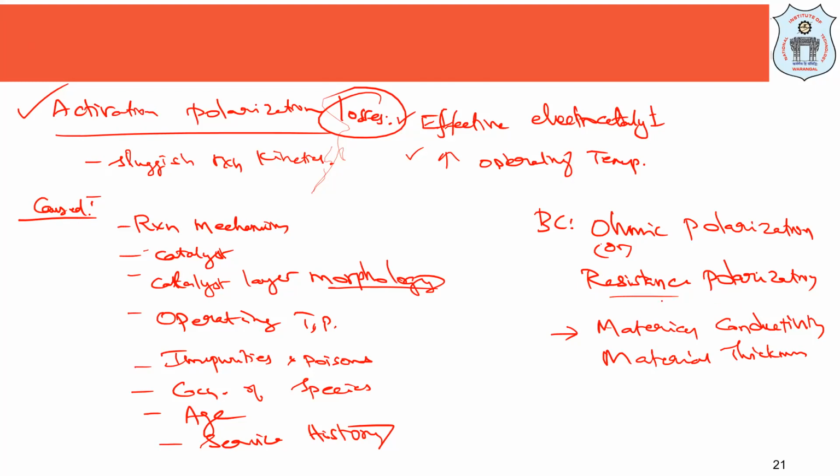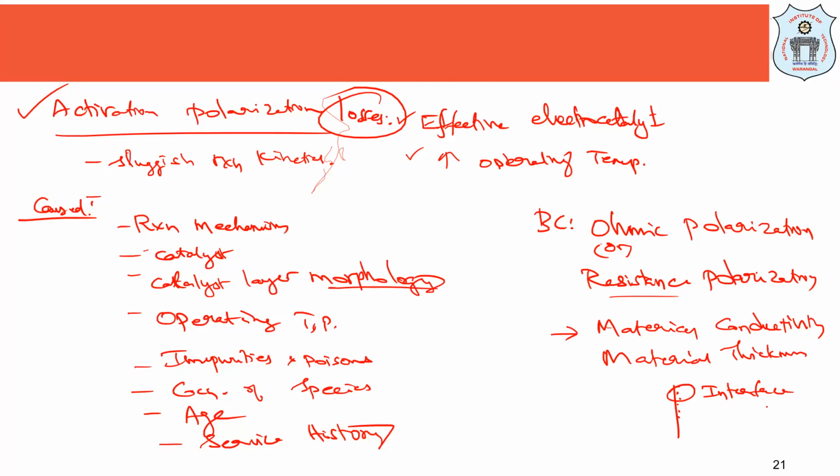Internally, we have bulk electrolyte or interface contact resistance, all that will be there. At the interface, what is that layer? We are going to have interface contact resistance, because at the electrolyte and the electrode surface, we know a double layer is formed.